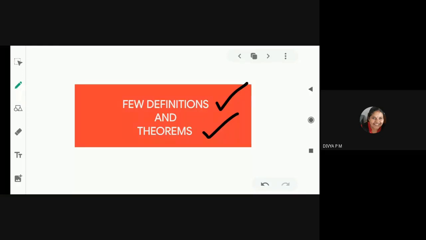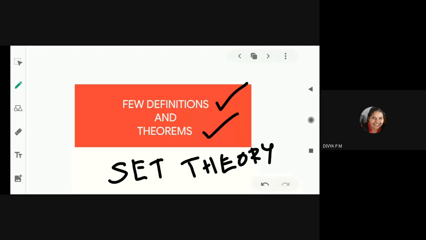So we have some definitions based on which we derive certain results. Axiomatic theory in modern or higher mathematics requires thorough knowledge of set theory. Set theory and related concepts like relations and functions are very essential for advanced mathematics.